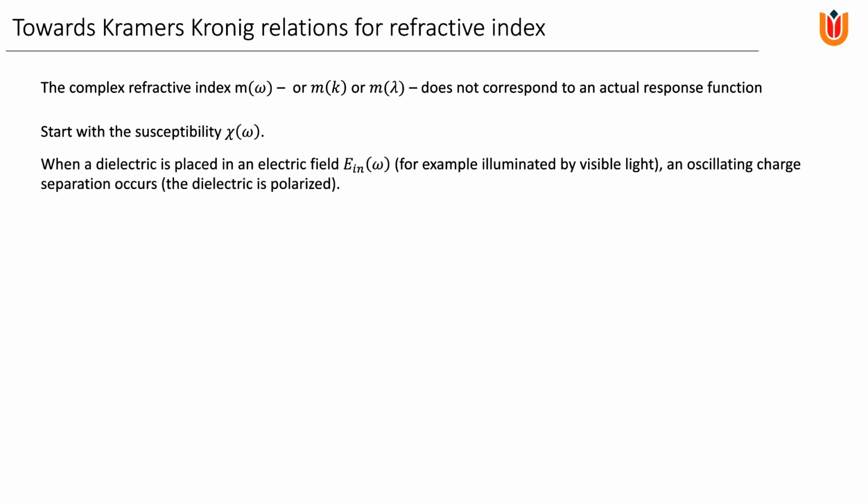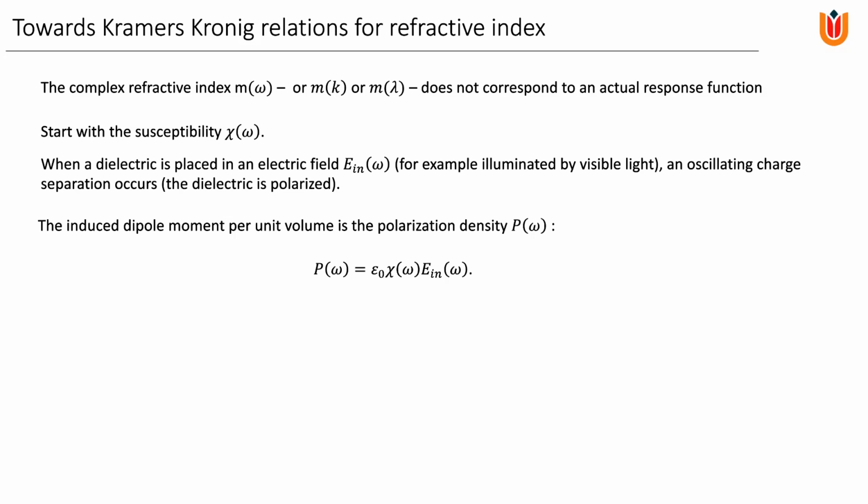We can relate the refractive index to the susceptibility of the material, which basically tells us the displacement of the electrons when it's illuminated by light. Here you can see that the susceptibility is a response function.